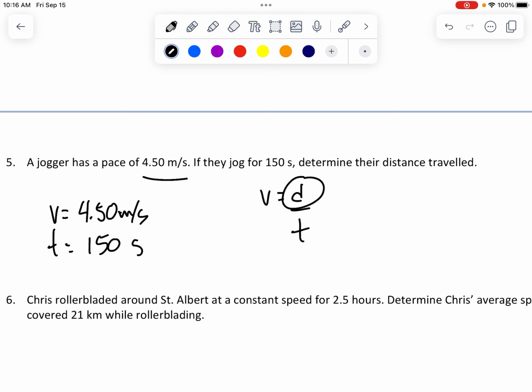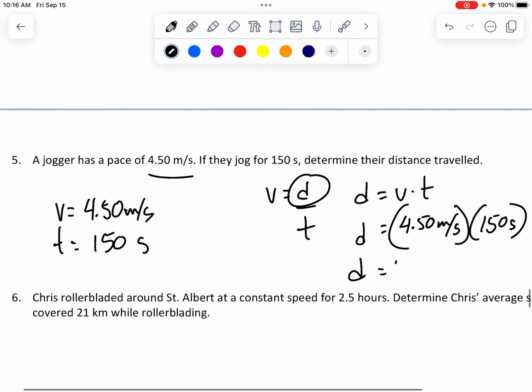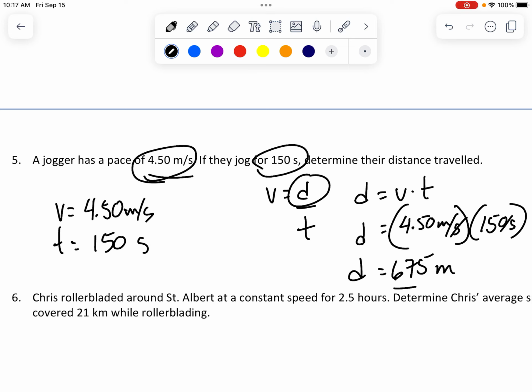So I'm going to take t to the other side. d equals v times t. So d equals 4.50 meters per second times 150 seconds, and the distance is going to be 675 meters. My seconds canceled out, and so it left me with meters. I have 3 sig digs here and 3 sig digs here, so I need to have the same number of significant digits here.